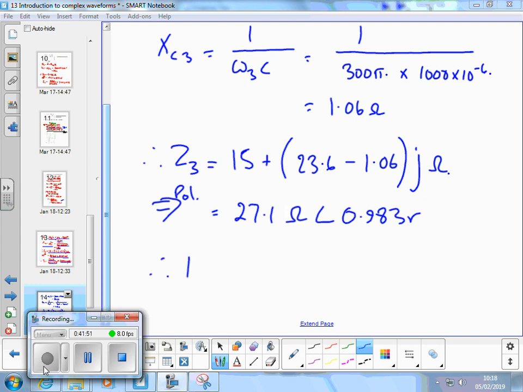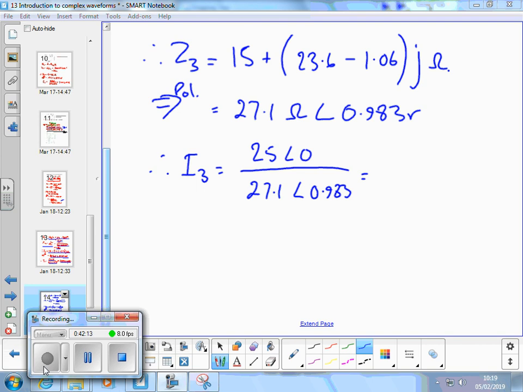Therefore, I3 is equal to 25 angle 0 over 27.1 angle 0.983 equals 0.926 amps angle minus 0.983.